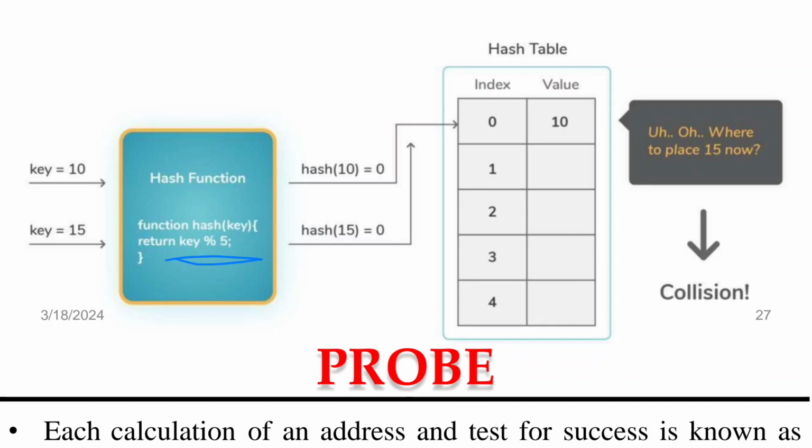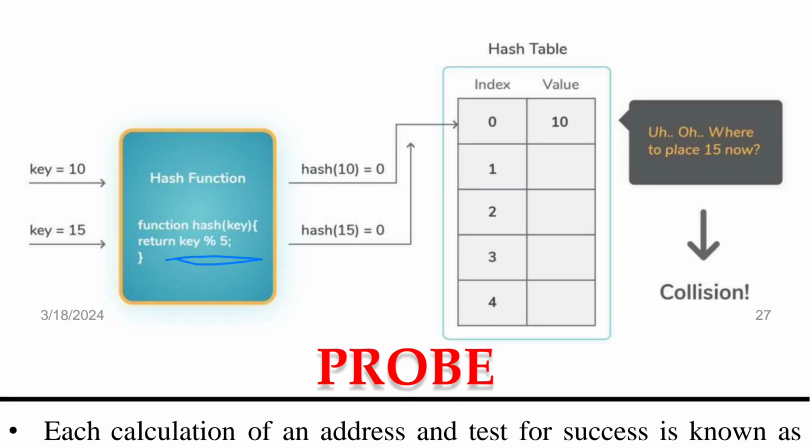It gives the remainder. So how is it used in the hash function? Whatever keys are given in the problem statement, we do one thing: key mod 5. Whatever remainder we get is the index value of the hash table, and we put that element into that index.